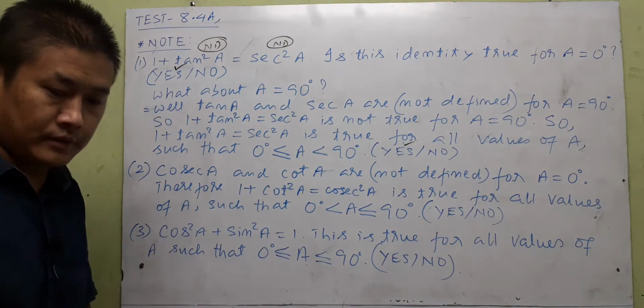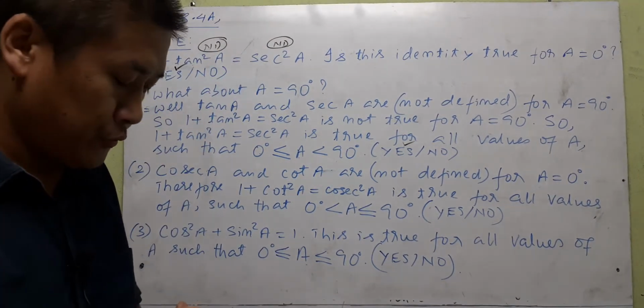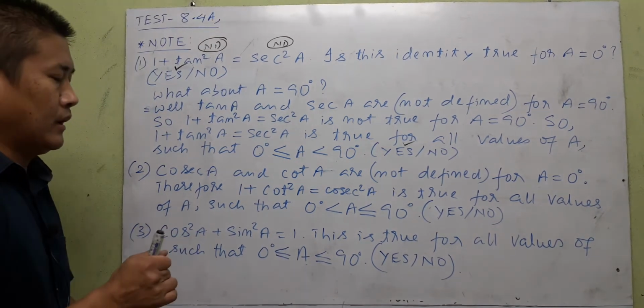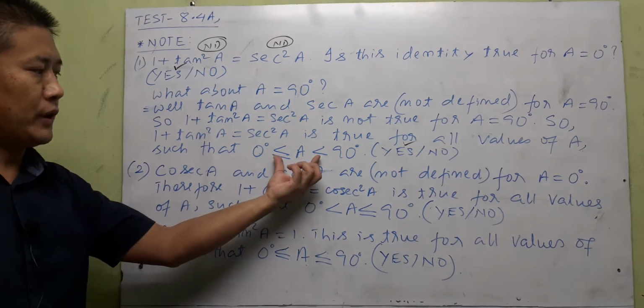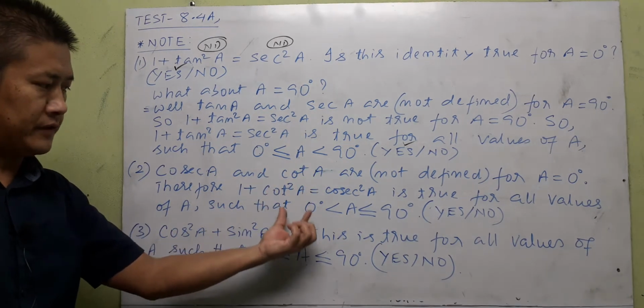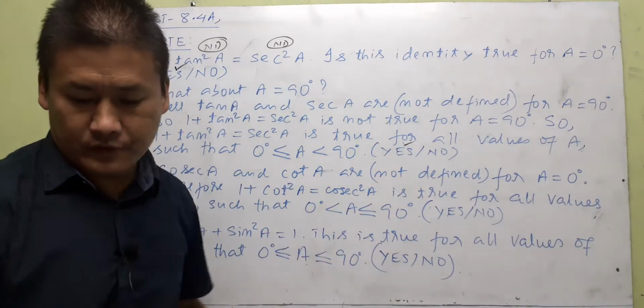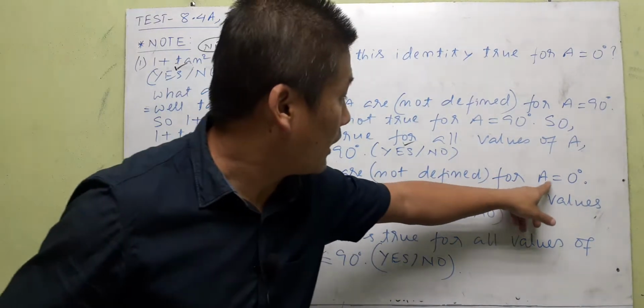Then next here, let us go and see number 2. Okay, similar questions only, so that we understand why we were using these conditions yesterday in the geometrical proof. Now we're understanding why the conditions were different for them, right? Now cosec a and cot a are not defined. Go to your textbook and see, are they not defined for what? For a equal to 0.